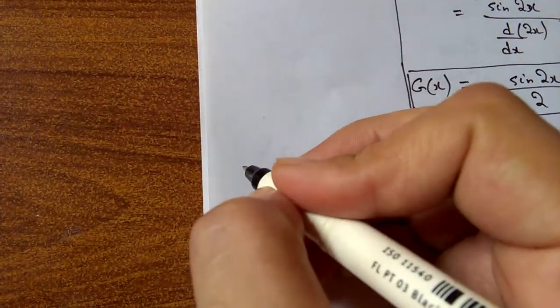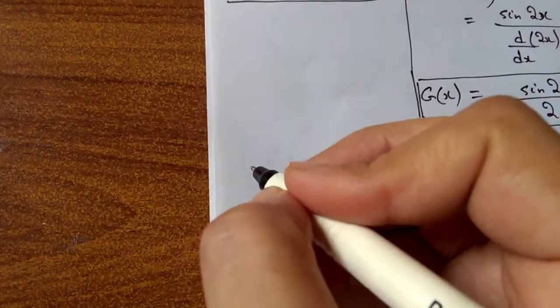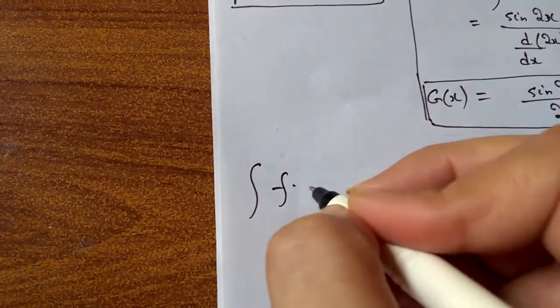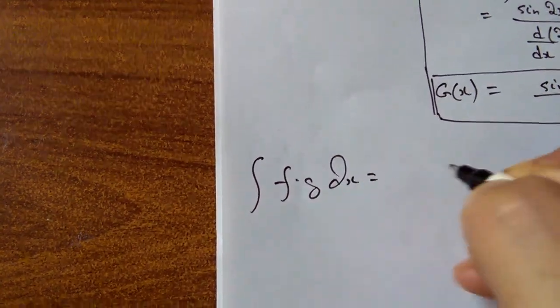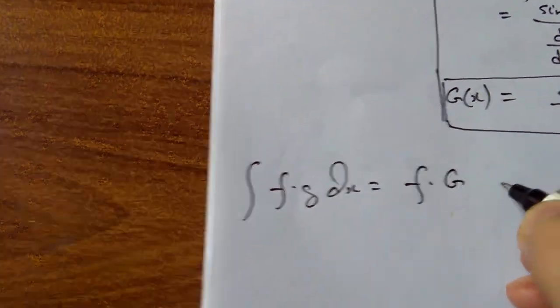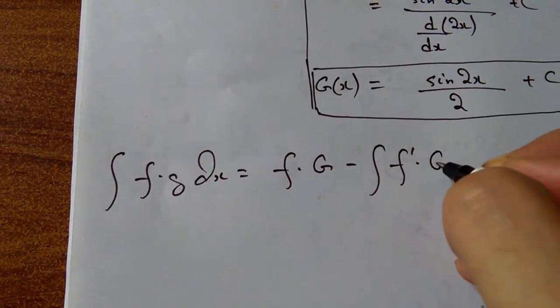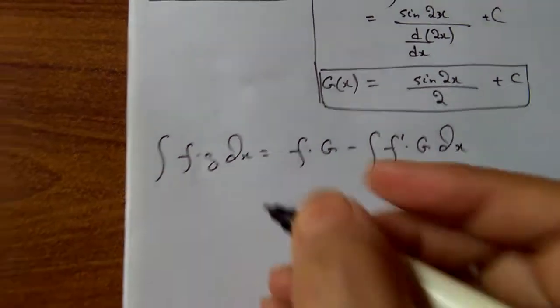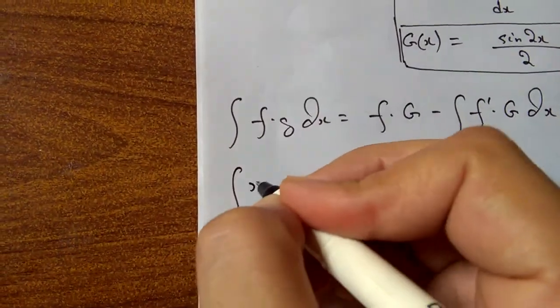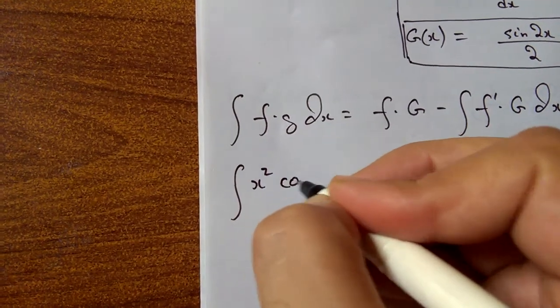Now let us write down the formula of our by parts. So this is our f, this is our g.